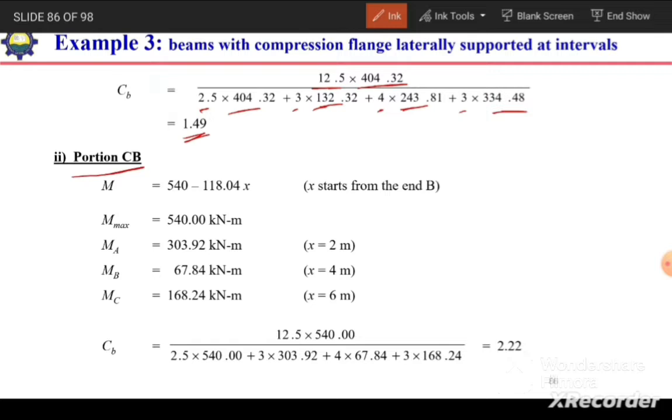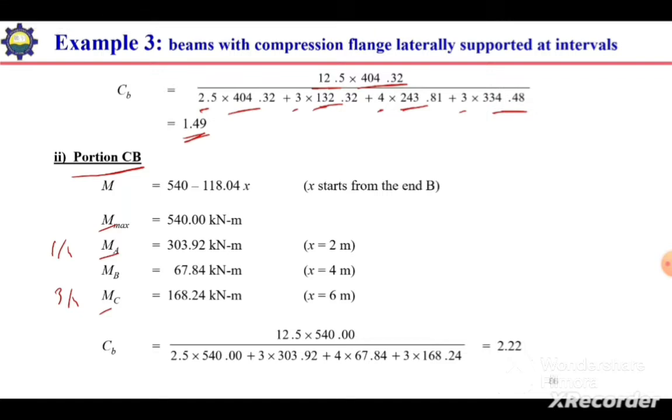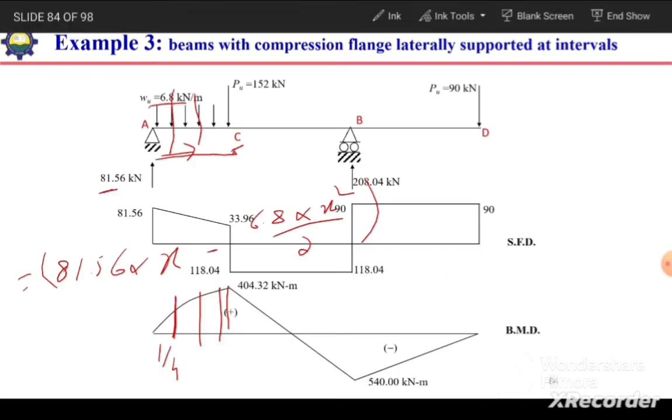Similarly, for portion CB, we need to calculate the maximum bending moment and the moment at 1/4 of the span, at the center, and at 3/4 of the span. Here we can again go to the shear force and bending moment diagram.